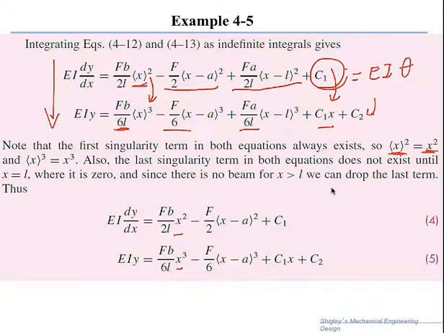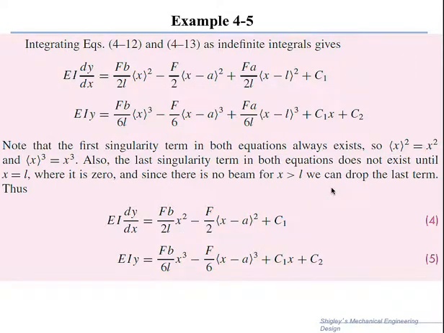The other one would be left as a switching function, x minus a to the power 2 or power 3. And then we have these two constants C1 and C2 that we need to determine from the boundary conditions.